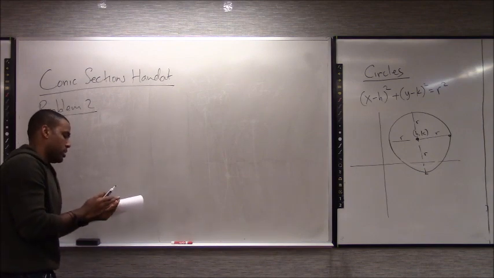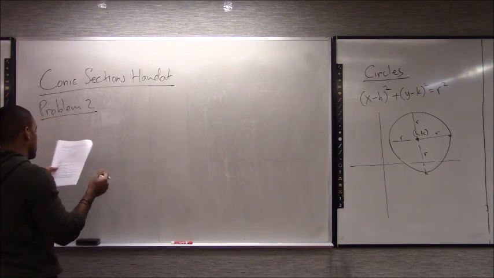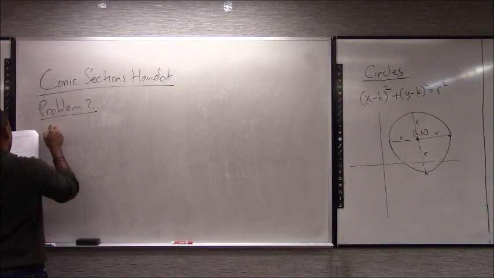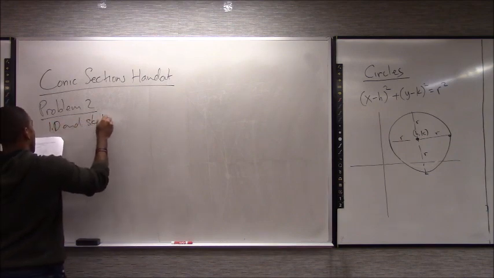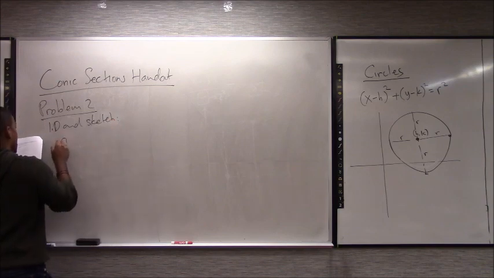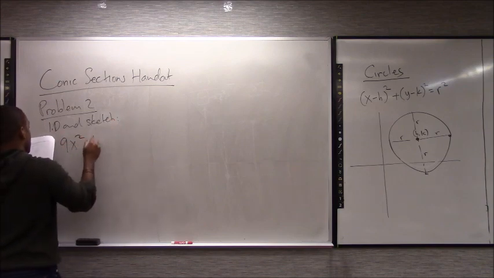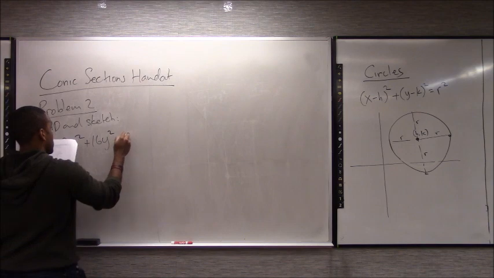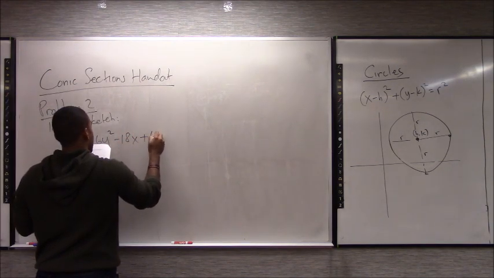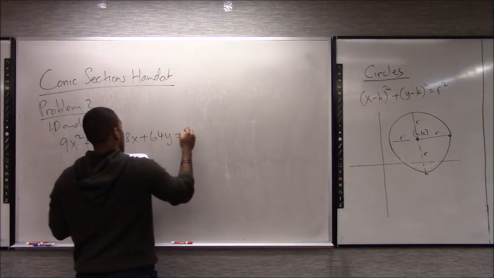Identify and sketch the conic section: 9x squared plus 16y squared minus 18x plus 64y equals 71.